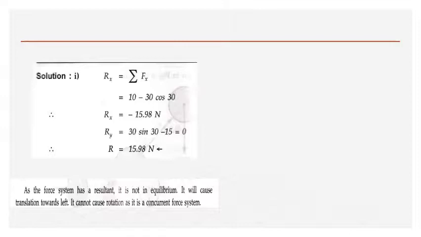Here Rx, the x component of the resultant, is sigma Fx, the two horizontal components, 10 minus 30 cos 30. So Rx is not 0, that means the resultant is not 0. It is not in equilibrium. So the body moves towards the left. Next one.